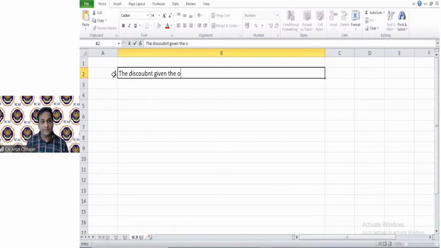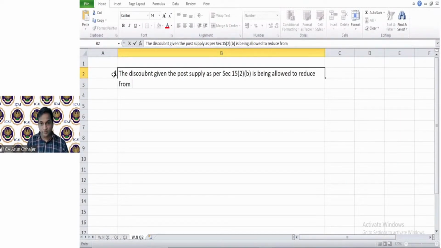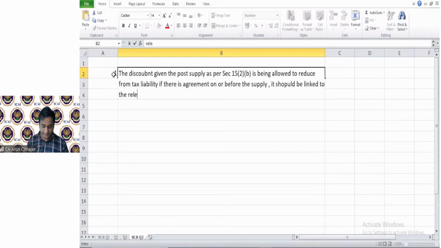The discount given post supply, as per section 15 subsection 2 clause B, is allowed to reduce from tax liability if there is an agreement on or before the supply, it is linked to the relevant invoices, and ITC attributable has been reversed by the recipient.